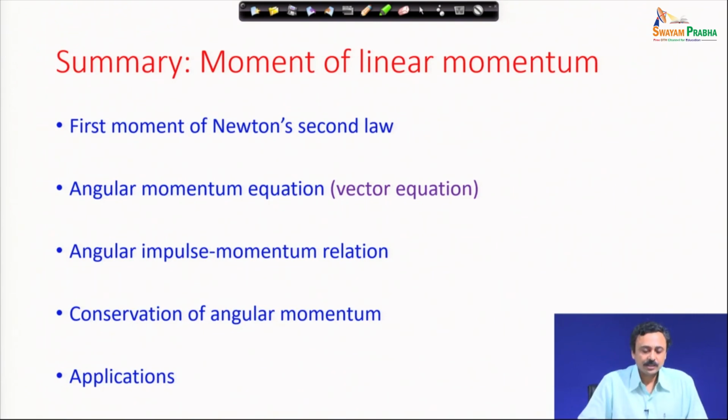Under certain situations where the moment of the force acting on the particle is 0 about a certain point, the angular momentum is conserved, and we have looked at some applications of this concept. So, with that I will close this lecture.